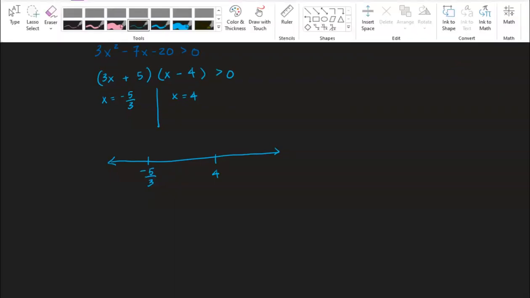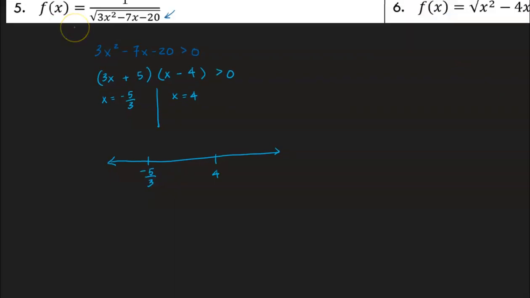The numbers that I'm going to test out are x equals -4, x equals 0, and x equals 5. When I put -4 in there, it's going to be a -12.